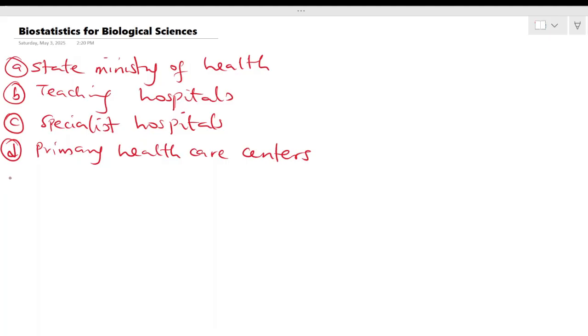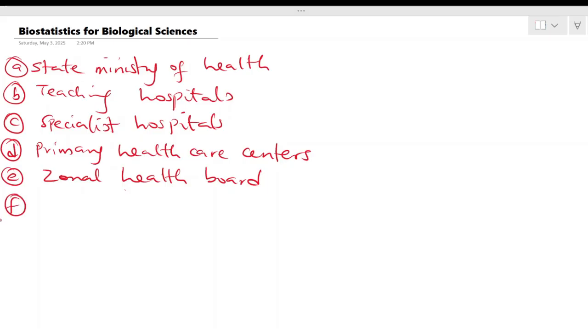Then you have number 5, the zonal health board. They can obtain this routine medical information from sources like the zonal health board.